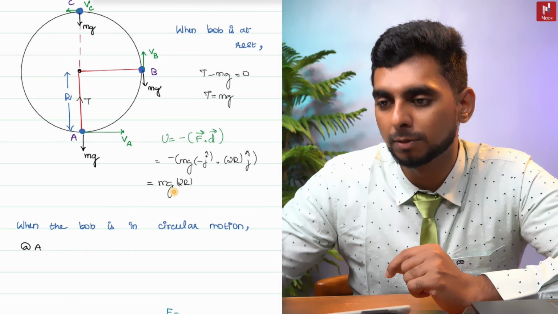Then what you have got is, when a bob is in circular motion at point A, I'm going to do the force balance, and then I'll find the total energy at that particular instant.